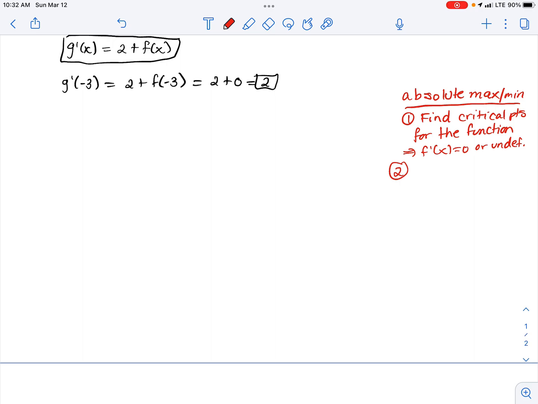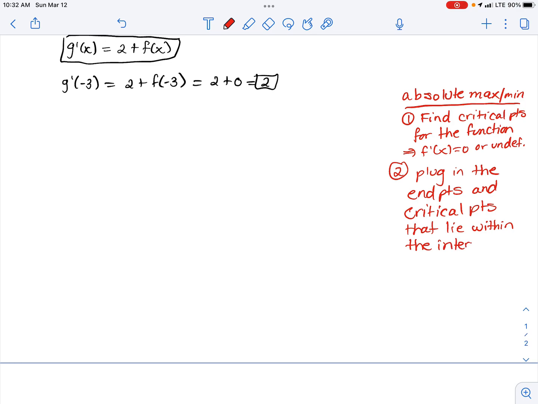Then we want to find the biggest and smallest value. So what we want to do is plug in the endpoints and critical points that lie within the interval back into the original function.